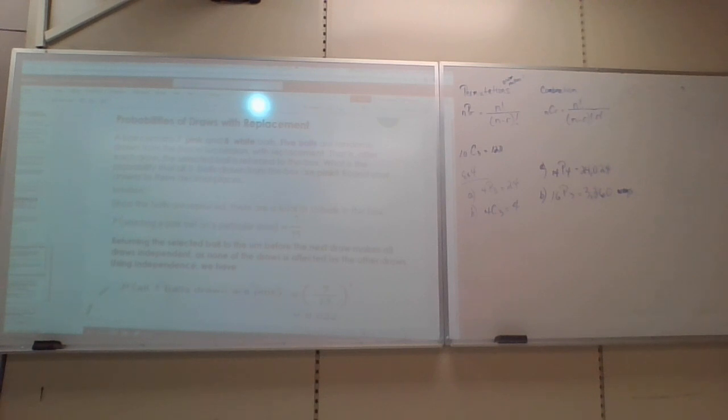Is that good? See, it's approximately, that little squiggle means approximately. You guys ever been told that? The little wave is approximately 0.022.